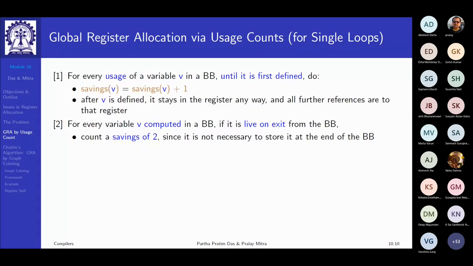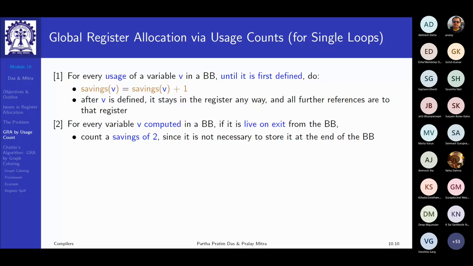Now, what you do on slide 10, for every usage of a variable v in the basic block, until it is first defined. Once it is defined, naturally it is in a register in that basic block, and its subsequent use will not need anything. But until it is first defined, if it is used, then you are obviously saving some cost.